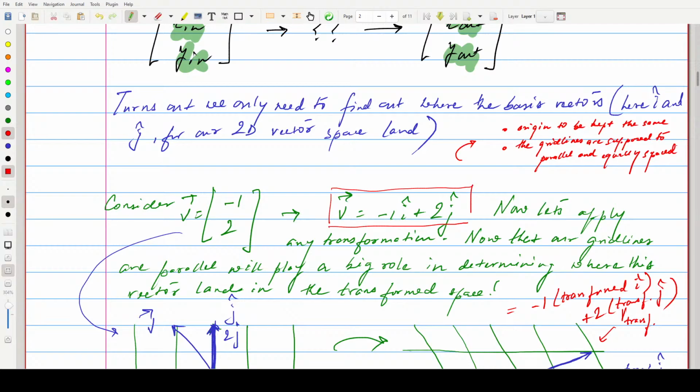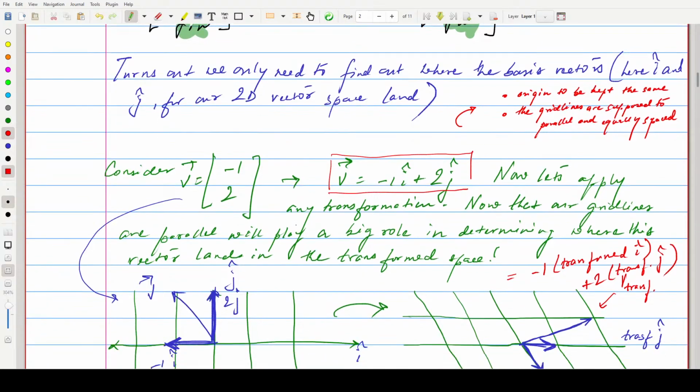These are the two key things to keep in mind when applying a linear transformation: our origin doesn't go anywhere, and our grid lines stay linear, which means they are parallel and equally spaced. So let's look at this.